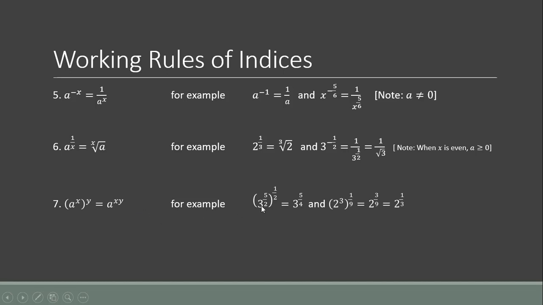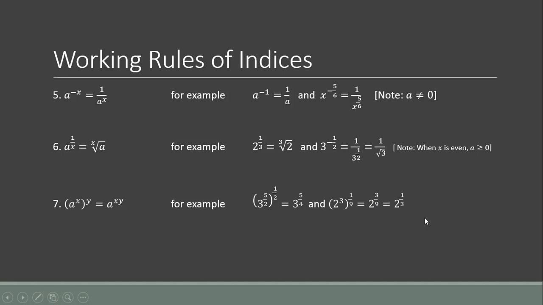For example, 3 to the power 5 by 2 whole to the power half. What would we write? We will write, multiplying these two powers, 5 ones are 5 and 2 twos are 4. That is 3 to the power 5 by 4. And if we have 2 cube whole to the power 1 by 9, then we will have 2 to the power 3 by 9, that is 1 by 3.